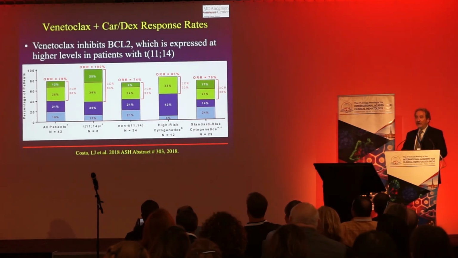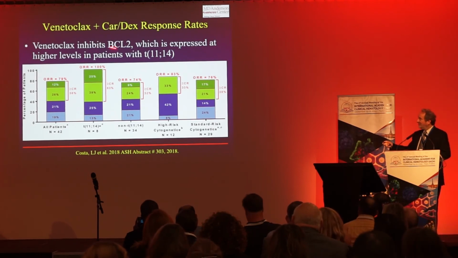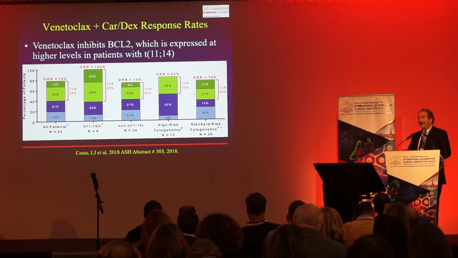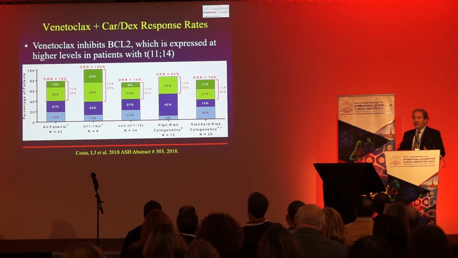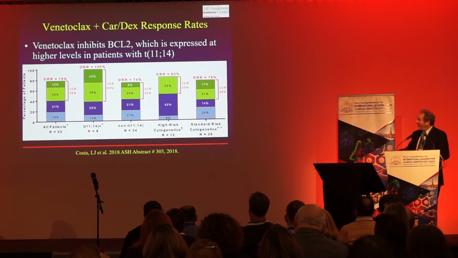Probably our first molecularly targeted therapy will be venetoclax, which is a BCL2 inhibitor. It turns out that patients with the 11;14 translocation, which is about 15% of folks, so it is the most common translocation that we see, have high levels of BCL2. So they have very high overall response rates.